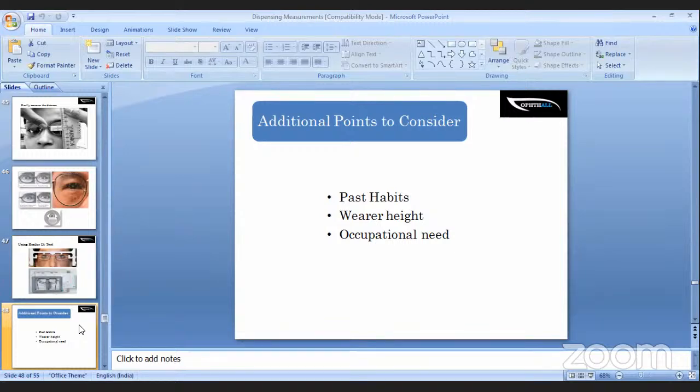Otherwise, there will be an obstruction in the distance vision. And besides these two, the occupational need of the patient should also be considered. If the spectacle is made primarily for reading use, you may consider providing a segment height a little higher so that reading is more comfortable.